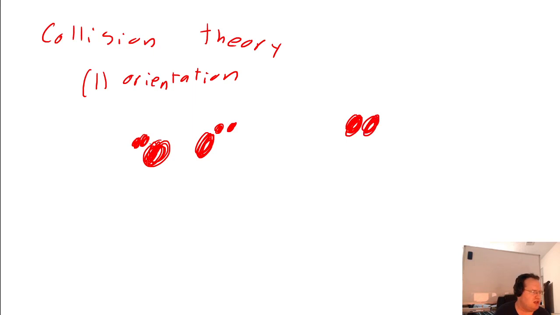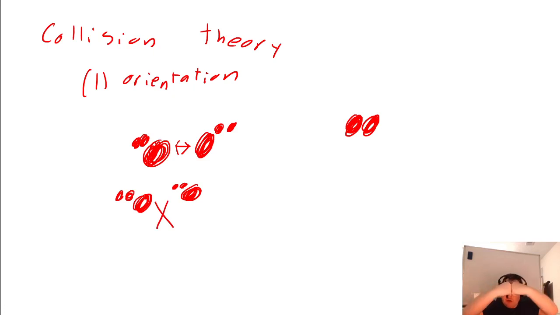So if these 2 molecules collide with each other, that can work because the big atoms are hitting each other, they can stick. But let's say we had our 2 small atoms, or big atom, and then it ran into the molecule this way. And they hit each other, that can't happen. Well, I mean, they can hit each other, but they can't react correctly because the big atoms aren't touching each other, so they won't form a new molecule.